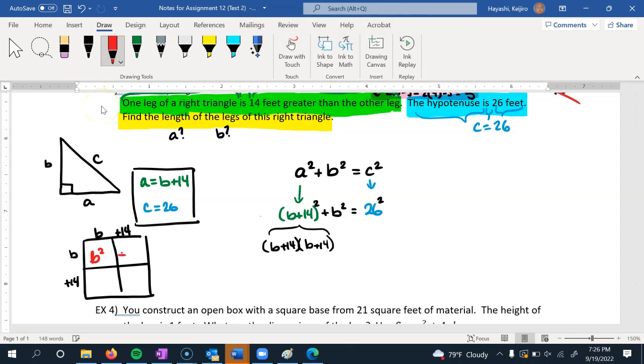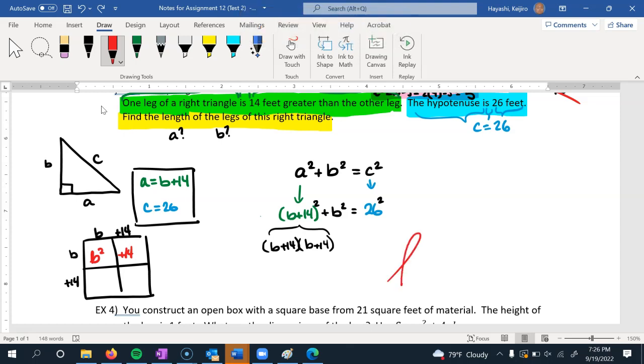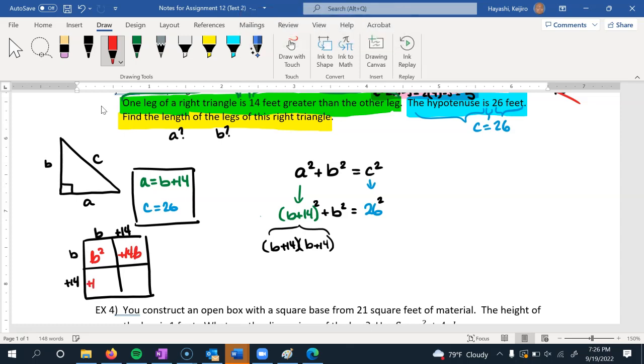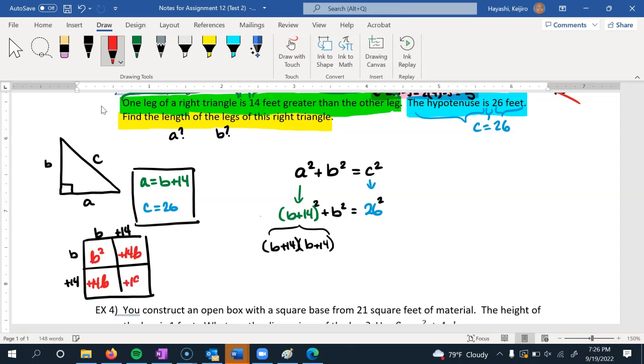Okay, plus 14. How do you write it? Okay, and plus 196.